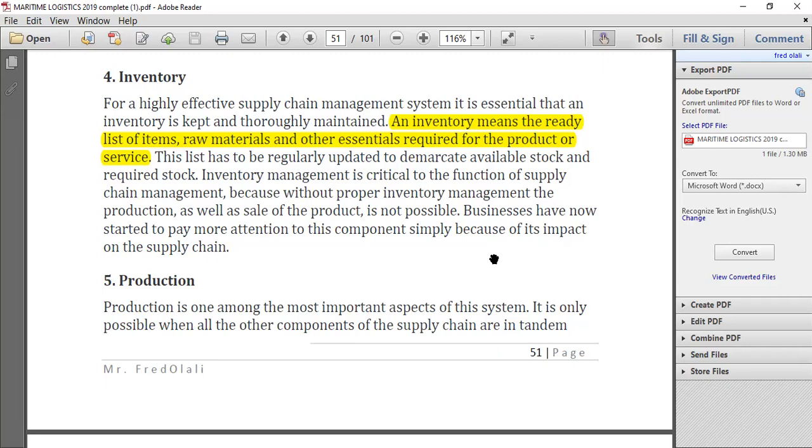So businesses have now started to pay more attention to this component simply because of its impact on the supply chain. The reason why management of inventory is key is that if you don't keep on adjusting your records, then it means that maybe the raw materials are almost finished, and you haven't realized that you're running out of raw material stock.